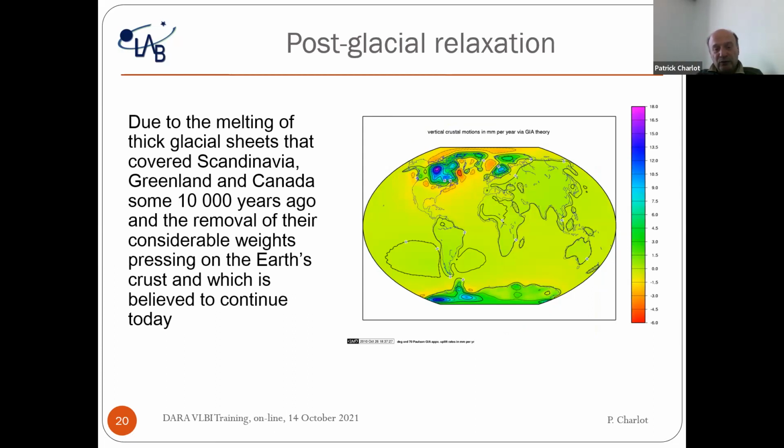So there were considerable pressure weights on the Earth's crust, but these ice sheets melted, and so there is some relaxation effect, which means that the Earth's crust is still moving up slightly due to the ice sheets that were removed a long time ago.